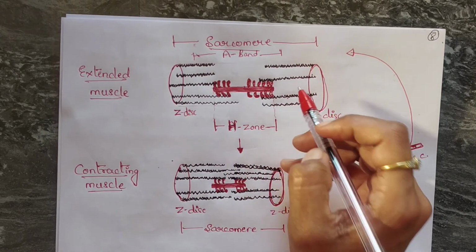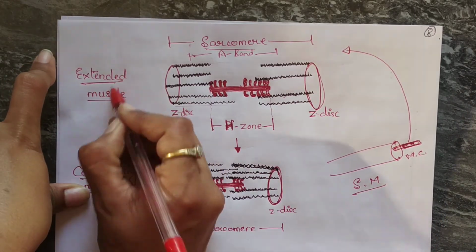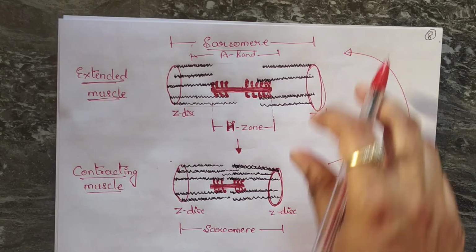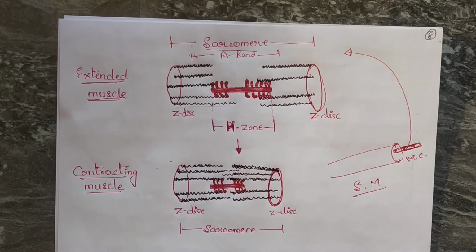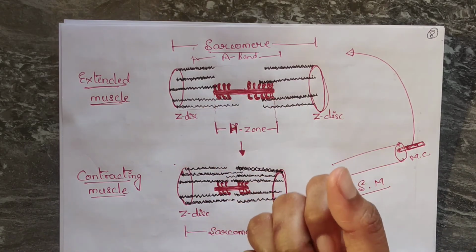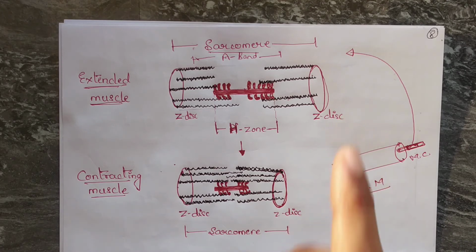So when the muscle is at rest, meaning when the muscle is extended, we are going to study from that part. The sliding filament theory says it is based on the structural changes occurring in the muscle fiber during contraction. Listen carefully, which is very important: there are only structural changes.